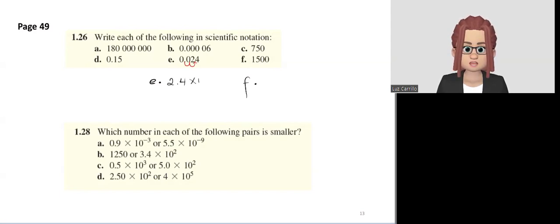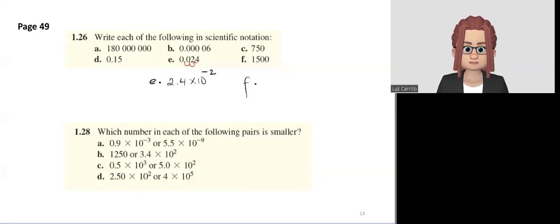We're going to do the times 10. Since this started as a small number, we're going to do negative. And then, since we moved it 2 places, we're going to do negative 2 as the exponent to the power 10.